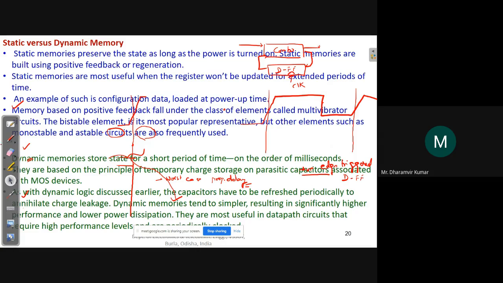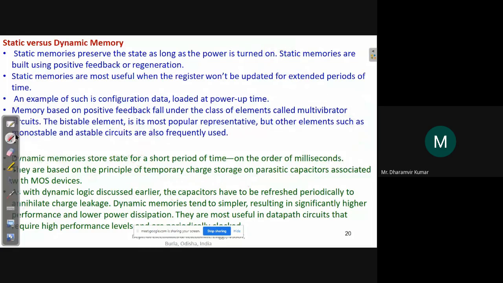Just to go quickly over these topics which are familiar to us, there are static and dynamic memory parts. What are static memories? They are the memories that preserve the state as long as the power is turned on.